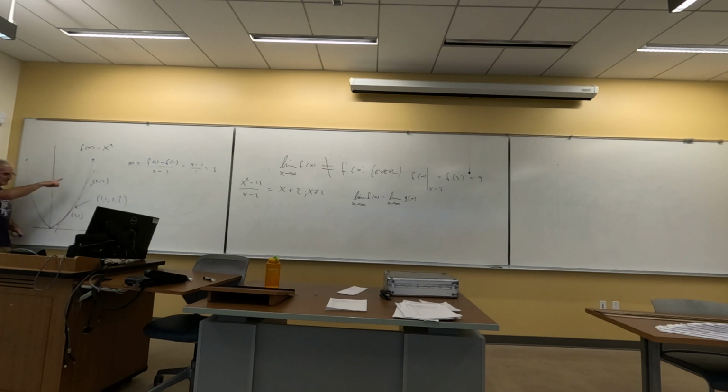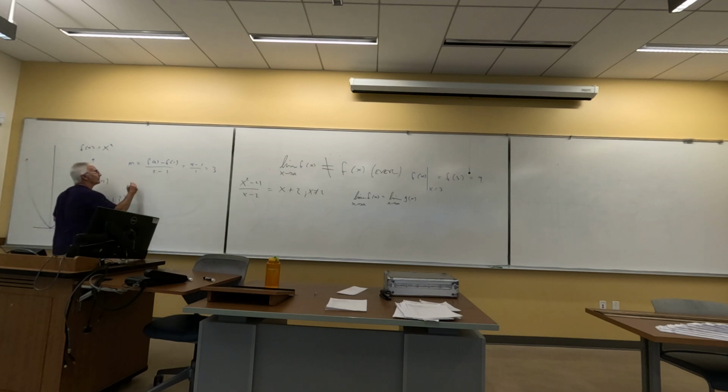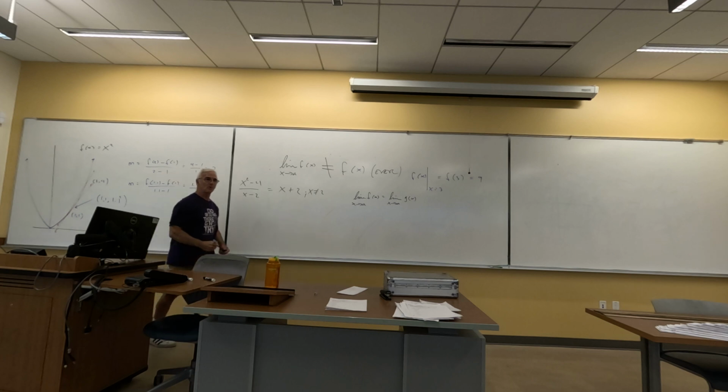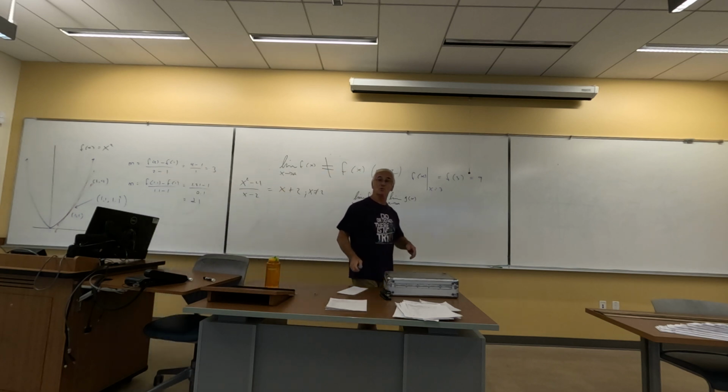Hopefully you can see that line has a little less slope now, agreed? So the second line I want is f of 1.1 minus f of 1 over 1.1 minus 1. Well, that would be 1.21 minus 1 over 0.1, and that's 2.1. So my next line has slope 2.1.